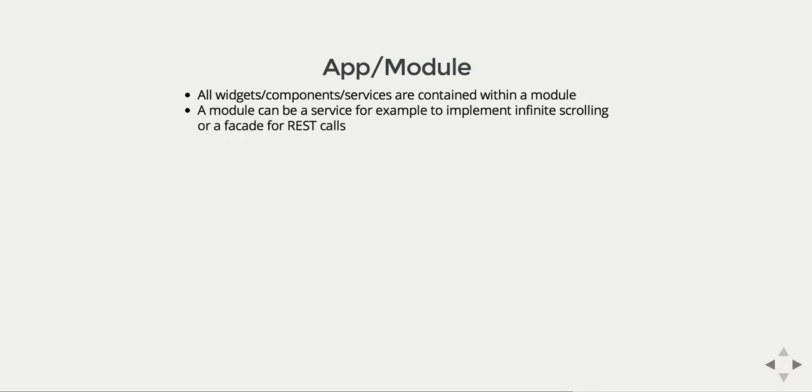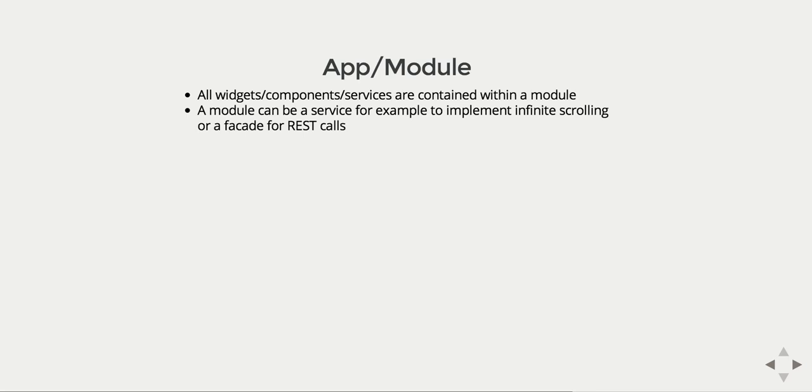We wanted to break down everything into modules. The modular components are what we wanted to build, and all the widgets and components are contained within that module. So we can have, similar to ng-grid, a data grid of some kind that you can use and just feed it your data, and it'll build the tables for you. And a module can be just a service that you can use.